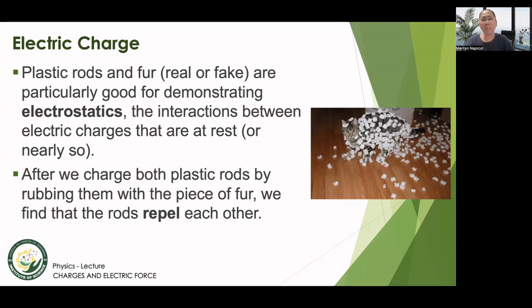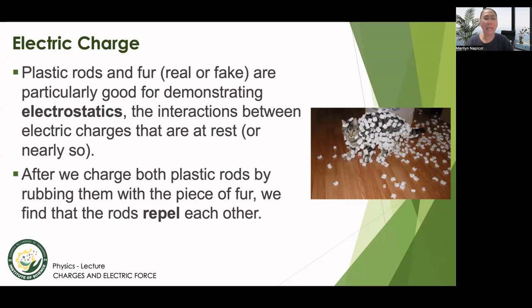Basically what happens is that after we charge both plastic rods by rubbing them with a piece of fur, we find that the rods repel each other. So this is a classic example na kung meron kayong plastic rods, parang straw, pero mas solid yung itsura niya, like plastic sticks for instance, o yung plastic straws, if you rub them with a piece of fur, mapapansin nyo na kapag nilapit nyo siya, ang tendency magre-repel siya.